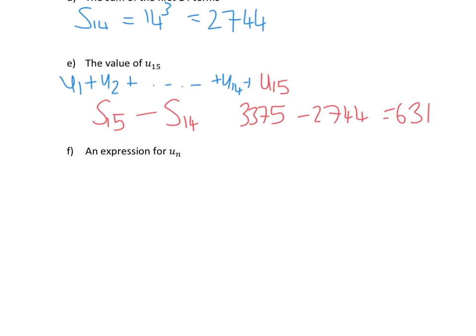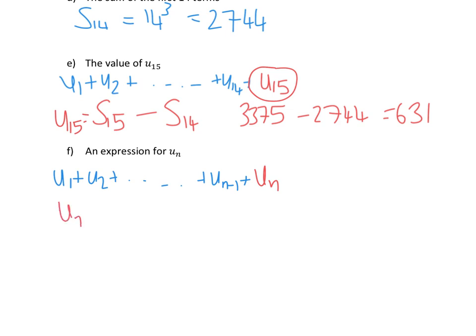And finally, find an expression for Un. Well, using that same technique as before, to get the 15th term, I did the sum to 15, take away the sum to 14. And when I took them away, that just left me with the 15th term. Well, if I want Un, I need to add all the terms U1, U2, all the way up to Un, so I need the number before, so n minus 1.